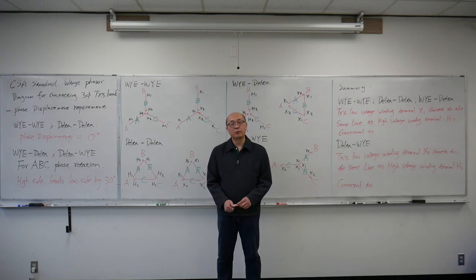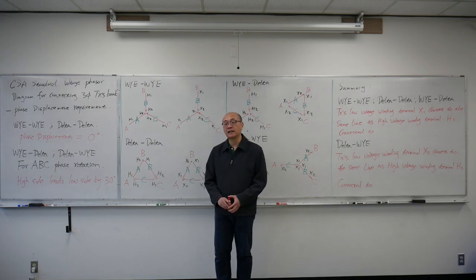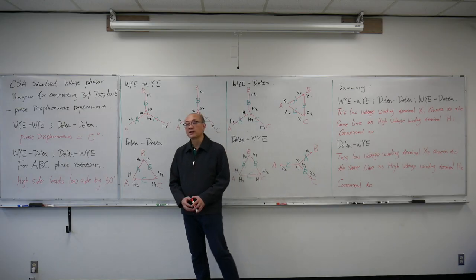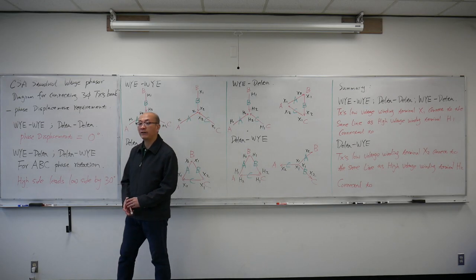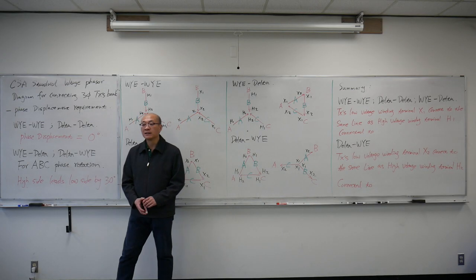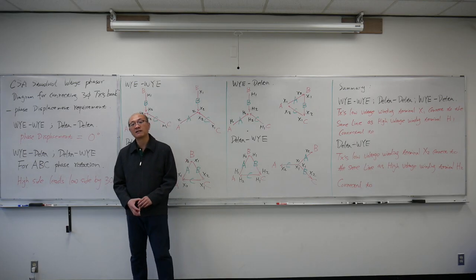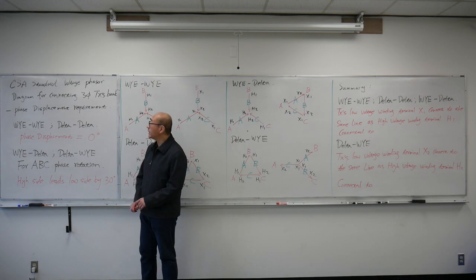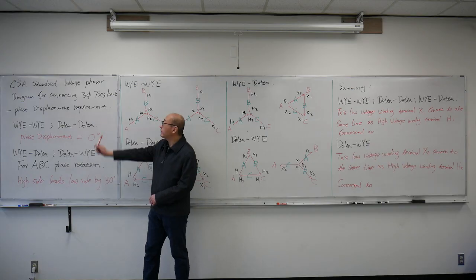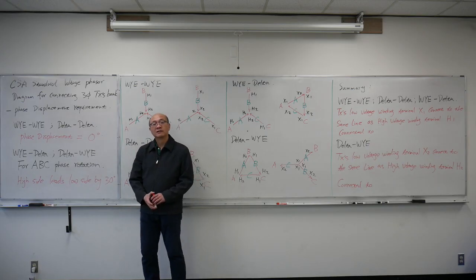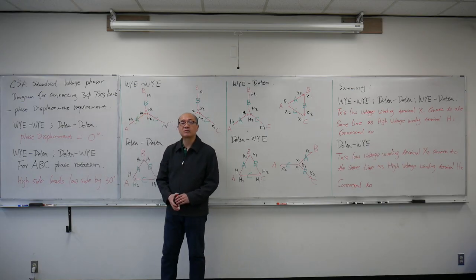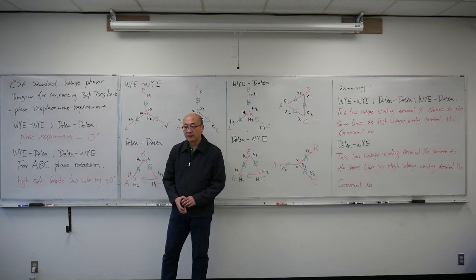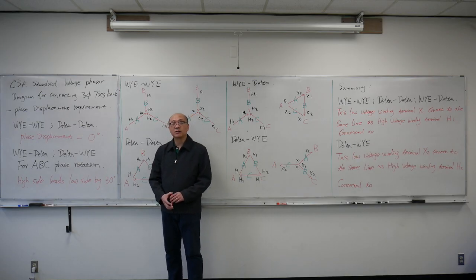To avoid that problem, CSA sets a standard for how to connect three-phase transformers together. So today we're going to discuss that standard. The CSA standard has a voltage phasor diagram set up to connect three-phase transformers. The first thing is the requirement for phase displacement.